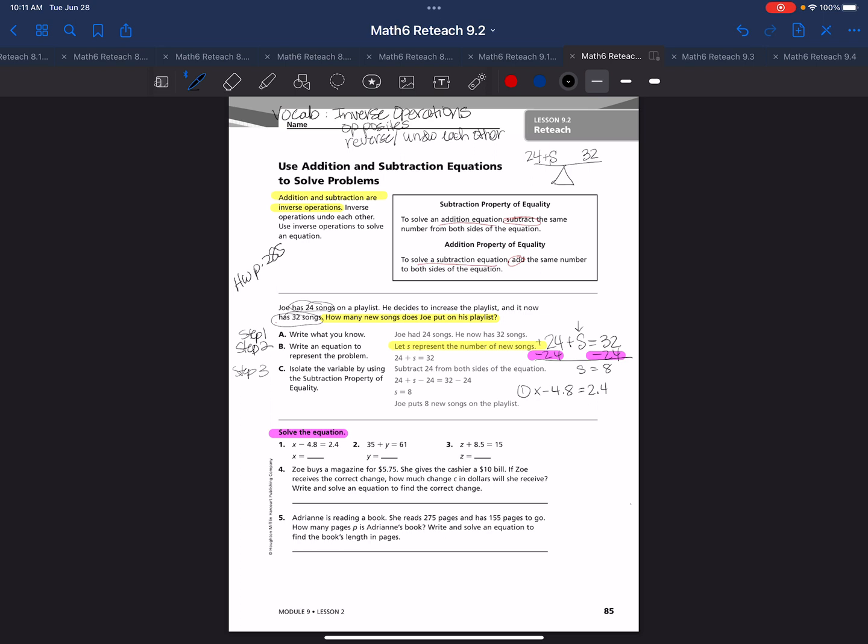So I'm going to use the addition property of equality, and I'm going to add 4 8/10 to both sides. I need to keep my equation balanced. So what I do to one side, I need to do to the other. And then if I have negative 4 8/10 and a positive 4 8/10, they're opposites, so that equals 0. And then here's decimals, so I need to line up my decimals and add, and I get 7 2/10.